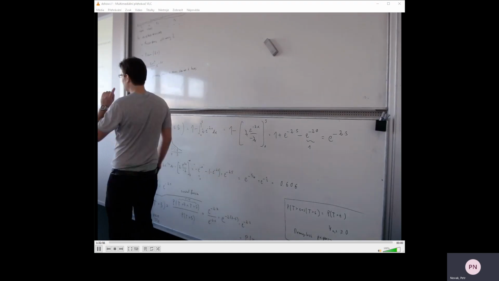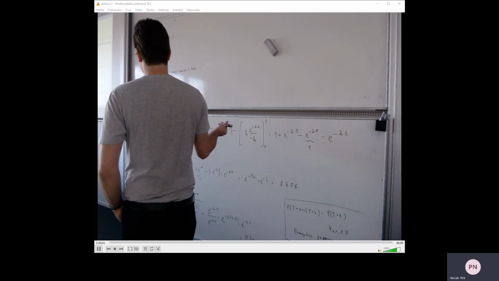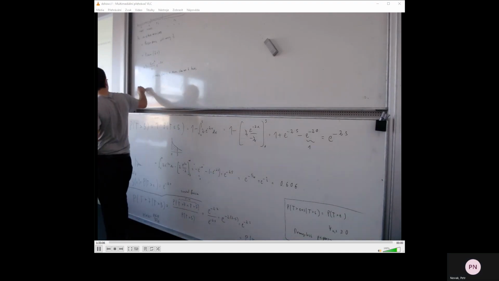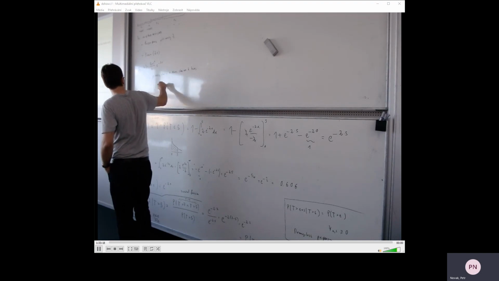And when we get back to what we have computed exactly here, the probability that in 5 minutes there were no buses, it is (lambda times 5) to the power of 0 divided by 0 factorial, e to the power of minus lambda times 5.